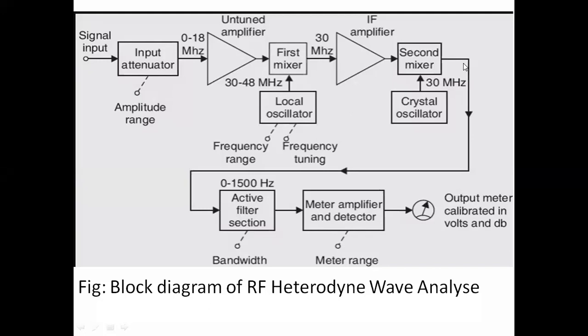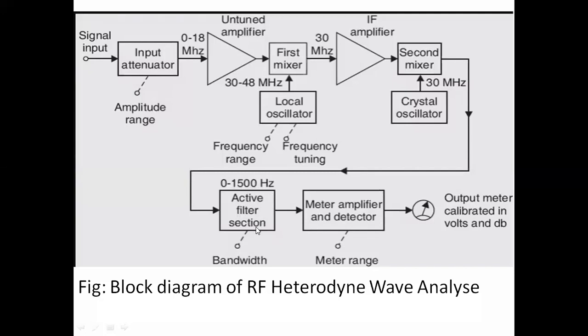Those frequency components will be applied to the active filter section. This active filter section controls the bandwidth, so we can adjust the bandwidth of the frequency signals. We can get this bandwidth in the range of 0 to 1500 hertz.